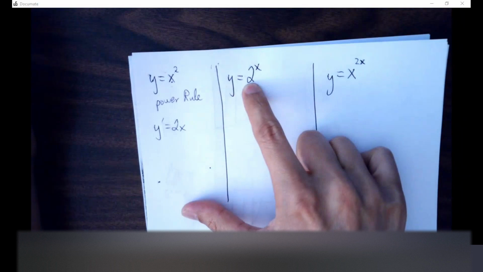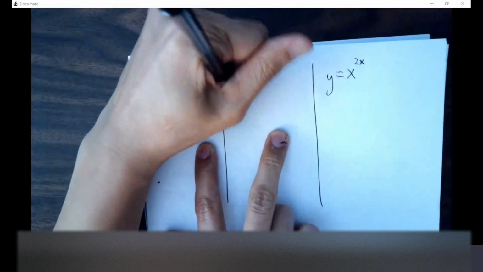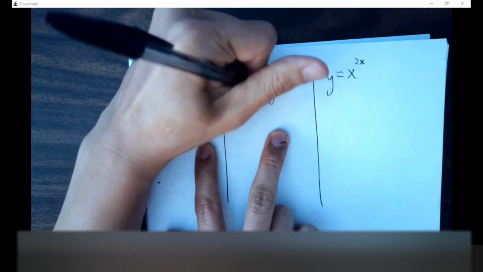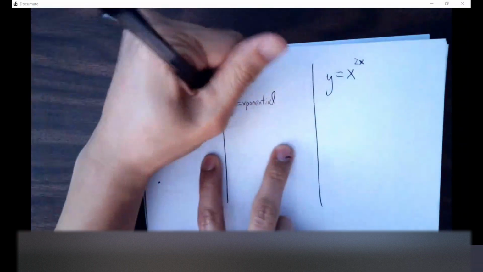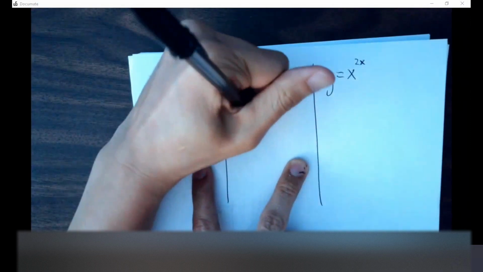If I have a base raised to a variable exponent, this is going to be an exponential function. And we have a rule for this, right? The derivative of a to the u is natural log of a times a to the u times u prime.